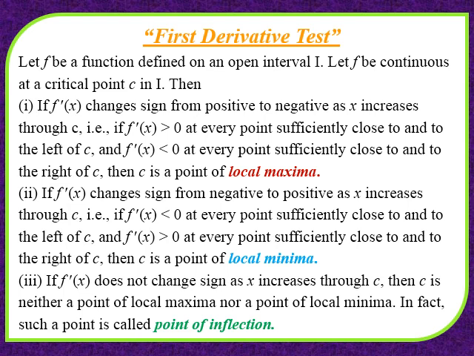And if the converse, if f'(x) is less than 0, that is negative to the left hand side, and f'(x) is greater than 0, that is positive to the right hand side, then this point c is called the point of local minimum.